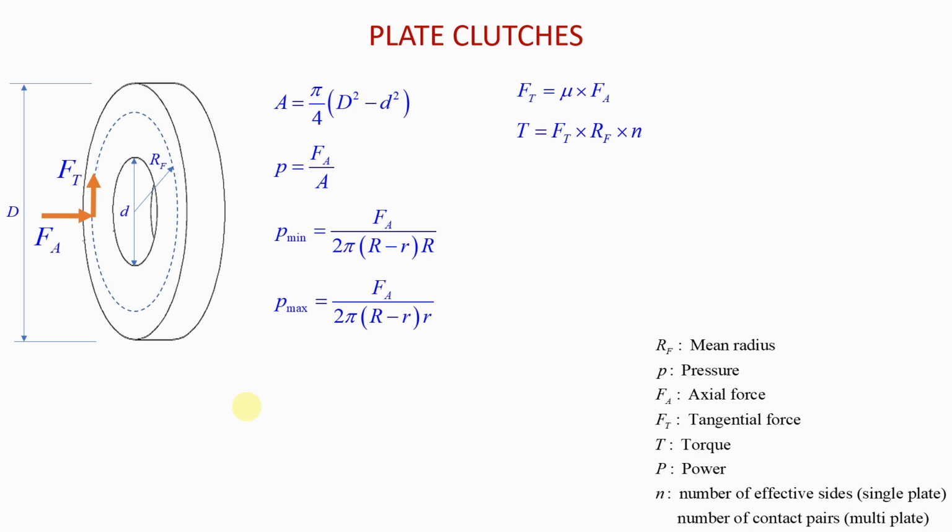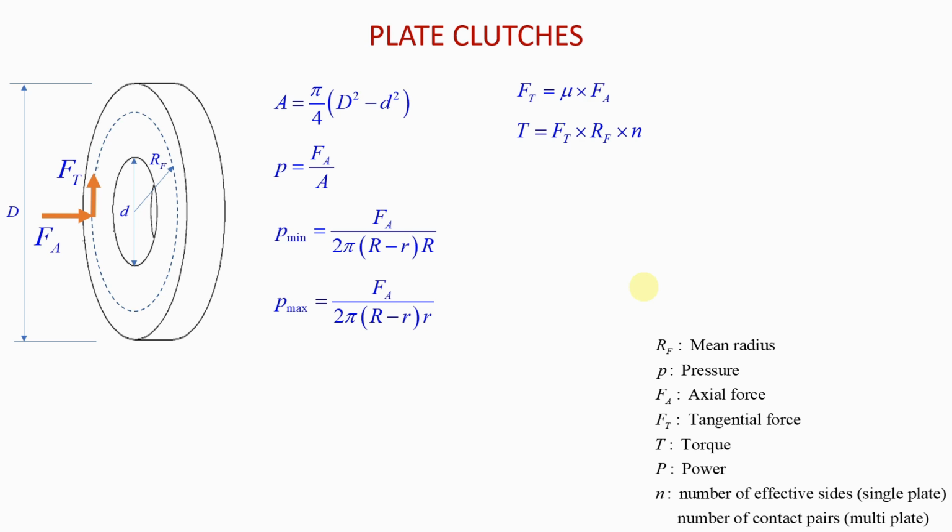That is when you're dealing with a single plate clutch. They will tell you maybe both sides are effective, therefore you will take the value of N to be equal to 2. When you're dealing with multiple plate clutches, then N becomes the number of contact pairs, or if you want, also the number of discs that you have, okay?